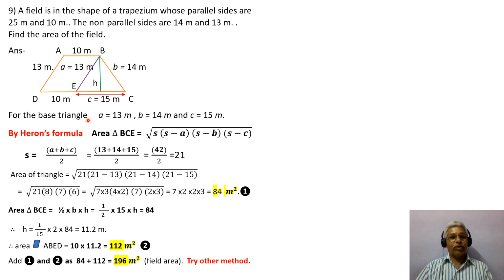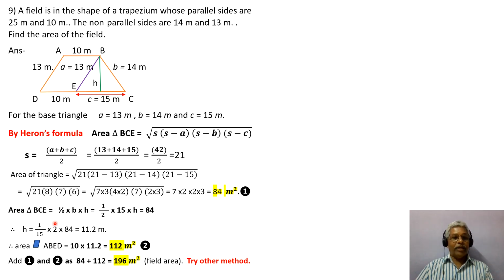This is the first one. This is for this triangle. Remember, this is the area of a triangle. Now we want the height, because the area of this parallelogram will be 10 into the height. We can make use of this area to get the height. So look at this.